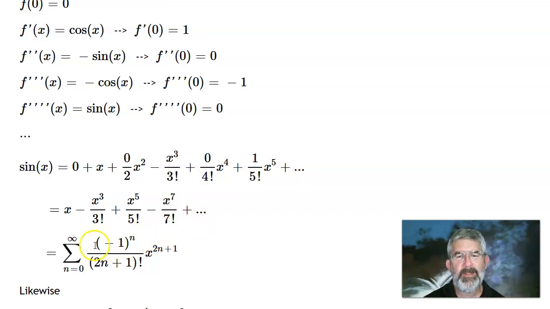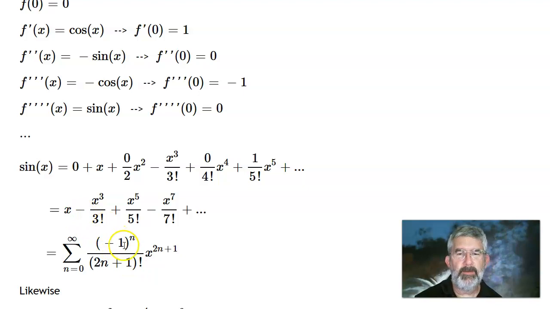Anyway, written as a summation here, it's a little trickier to do just because those zeros take out every other term. So the way that I'm doing this here is I'm using 2n plus 1 instead of n in places. So when n equals 0, 2n plus 1 is 1, right?